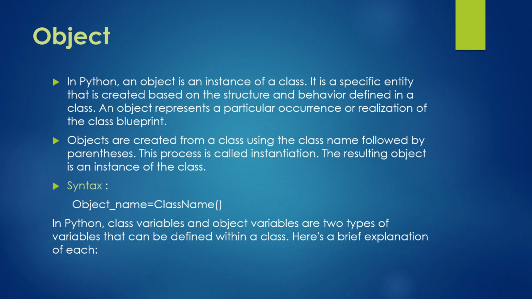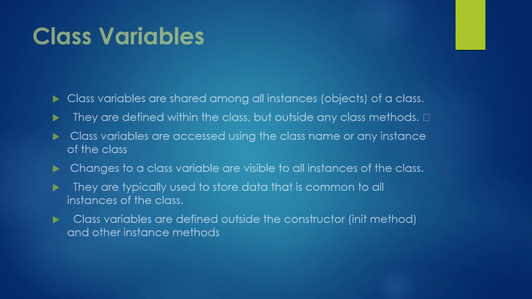In Python, class variables and object variables are the two types of variables that can be defined within a class. Here is a brief explanation of each. Let's see what class variables are. Class variables are shared among all instances of a class. They are defined within the class, but outside any class methods.